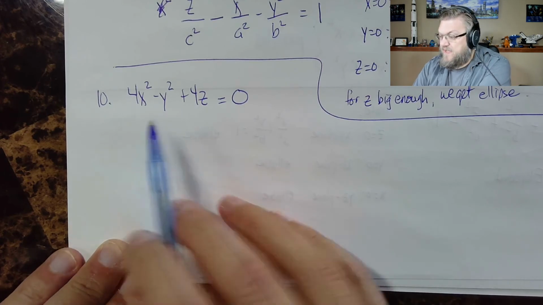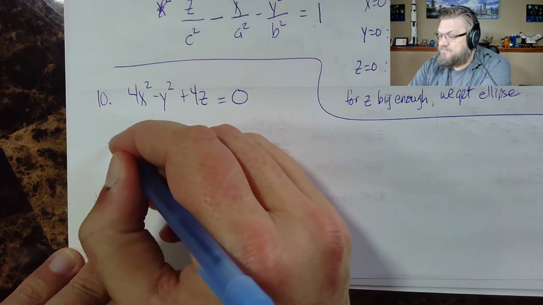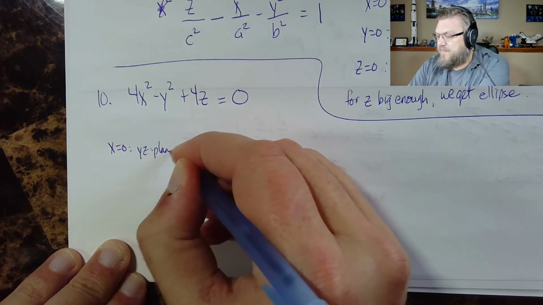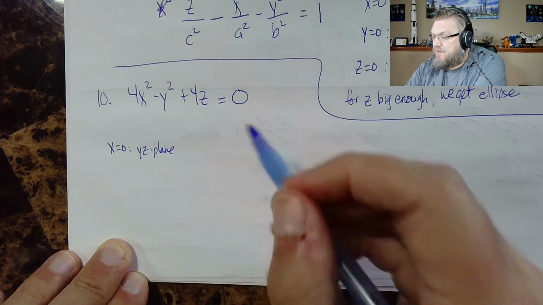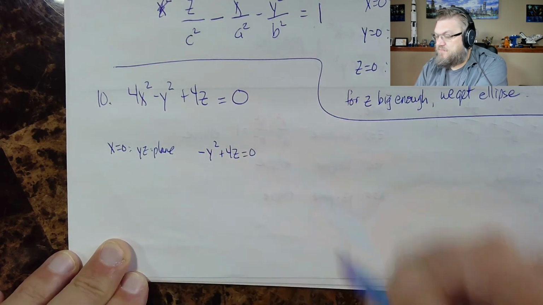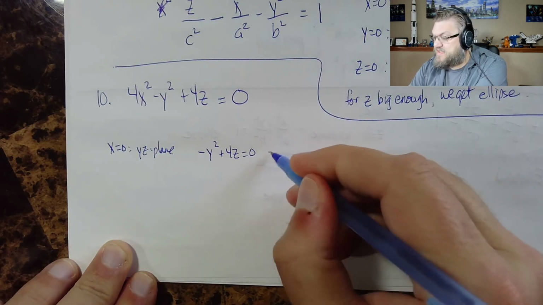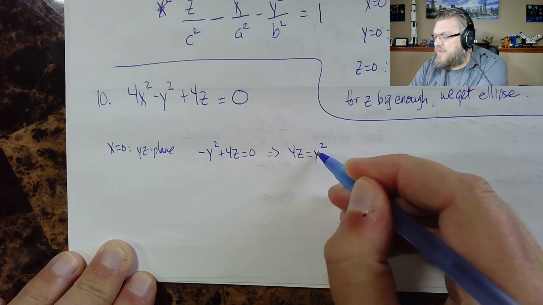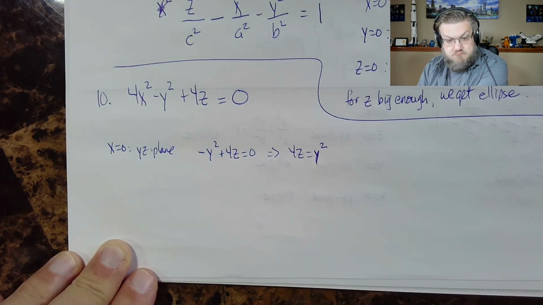So here we go. If x is 0, in the yz plane, I would get negative y squared plus 4z equals 0. Which is to say that I get 4z equals y squared. That is a parabola, right?